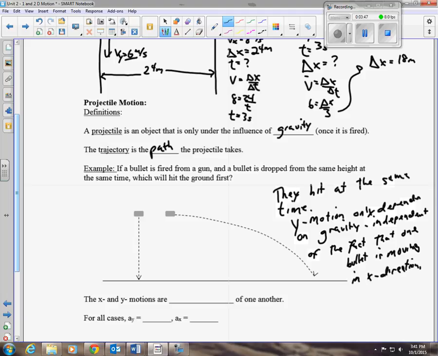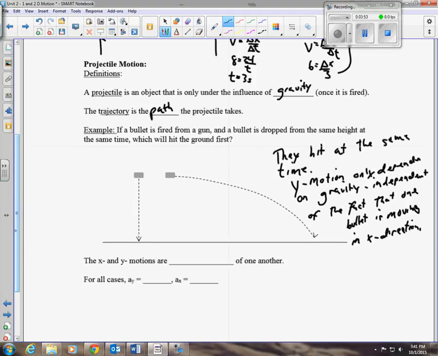Just like up here with the boat, the x and y were independent, it's going to be the same thing here. Both objects here are being pulled down by gravity, they'll land at the same time. So the x and y motions are independent of each other.